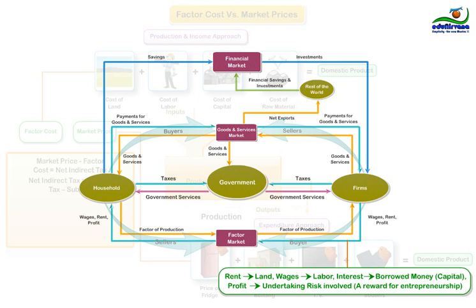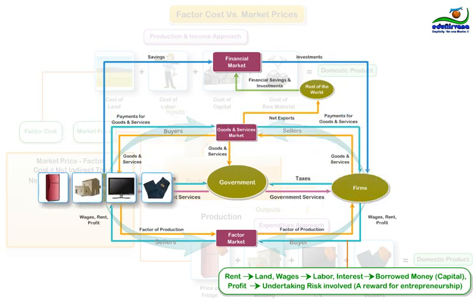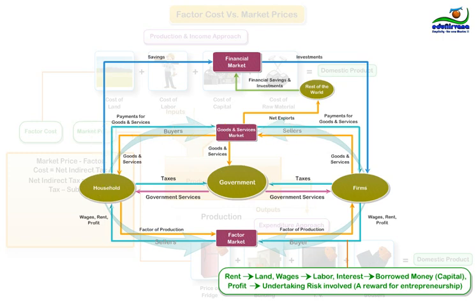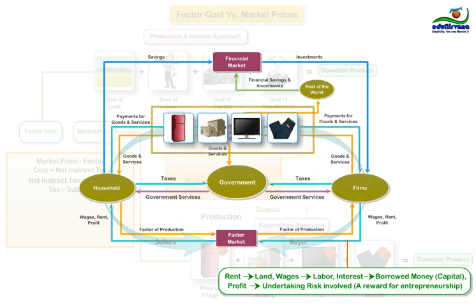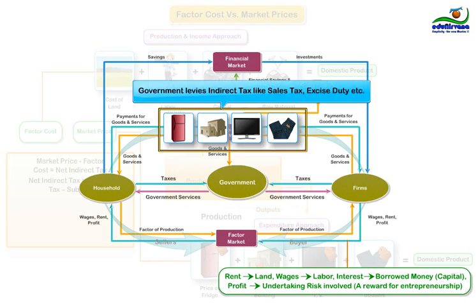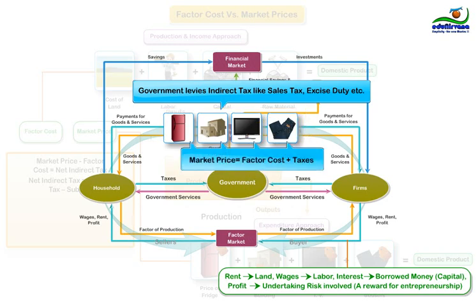Market price. Market price is a price at which a commodity is sold and purchased in the market. The point to note here is that when a product goes to the market for sale, government levies indirect tax like sales tax, excise duty, etc., which is added to the factor cost of the commodity.